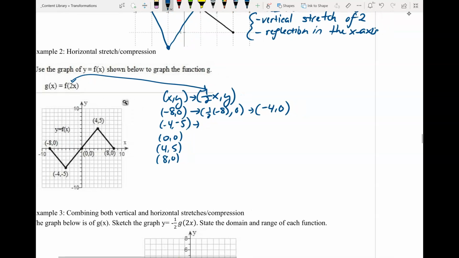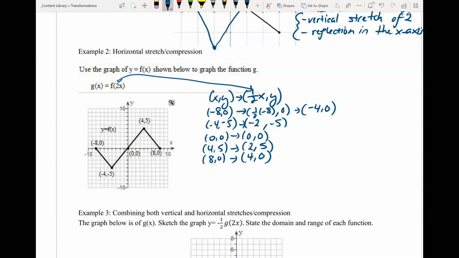Our next one, half of -4 is -2, and leave our y value alone. 0 times a half is still 0, leave the y alone as 0. Half of 4 is 2, leave the y alone. Half of 8 is 4, leave the y alone. So we're going to graph these points.